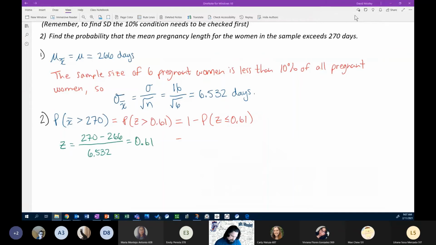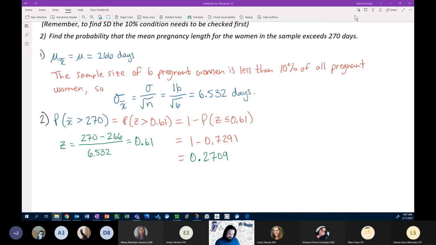So that means this is equal to 1 minus 0.7291, which is equal to 0.2709. And that's what we were looking for.